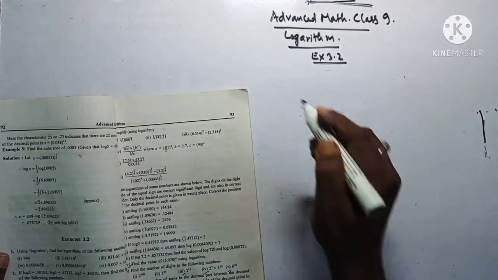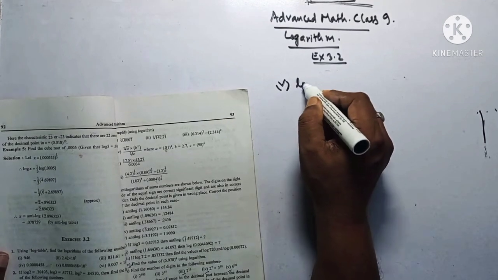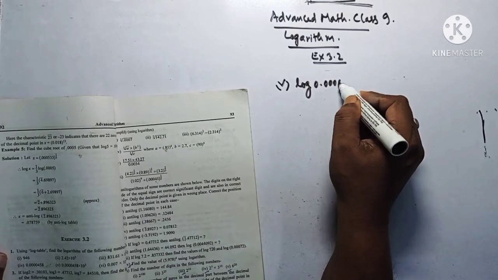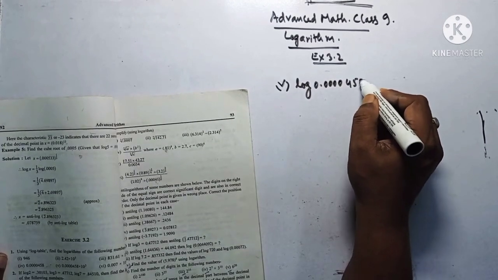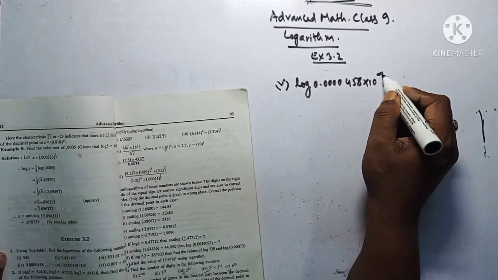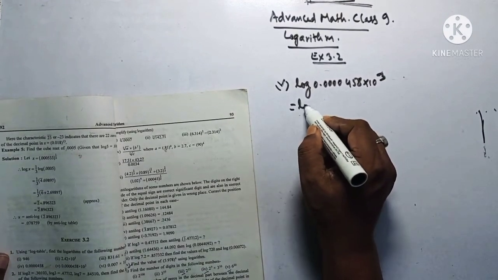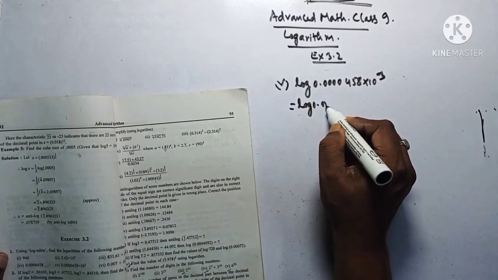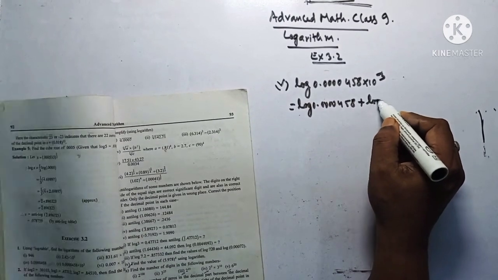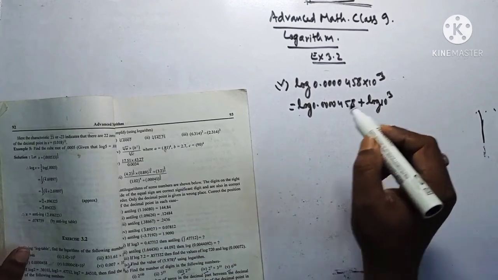Question number 5, so here you see log 0.1234458 into 10 to the power of minus 10 to the power of 3. So this will be log 0.1234458 plus log 10 to the power of 3.